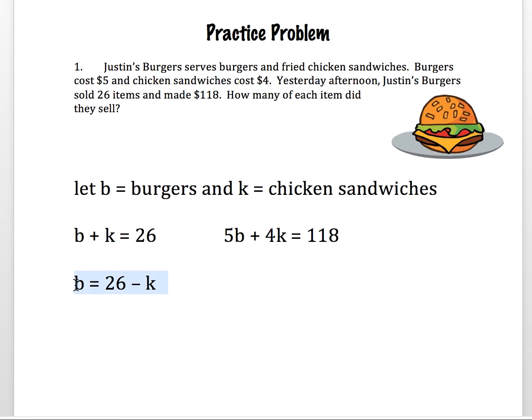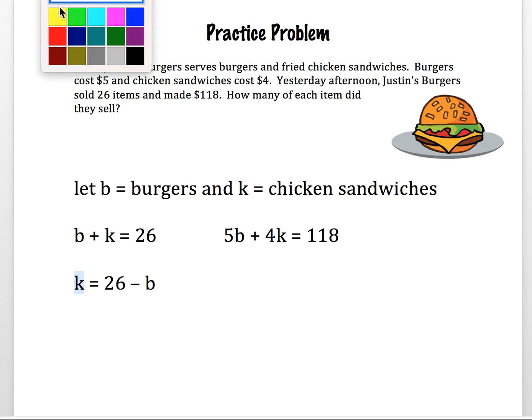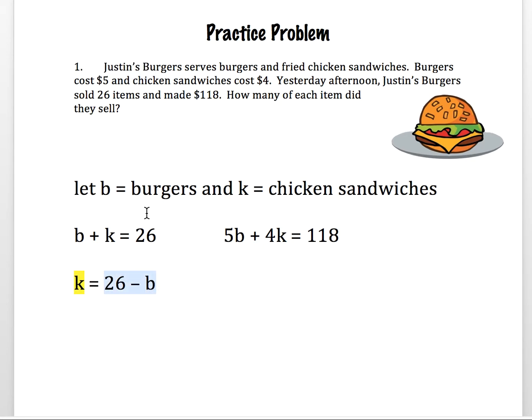I'm going to do K. Step 4, the step that gives this method its name, substitution. If K equals 26 minus B, then we can substitute in 26 minus B for K. So I'm going to copy and paste this equation, but replace K with what it equals, 26 minus B, and put parentheses around it.